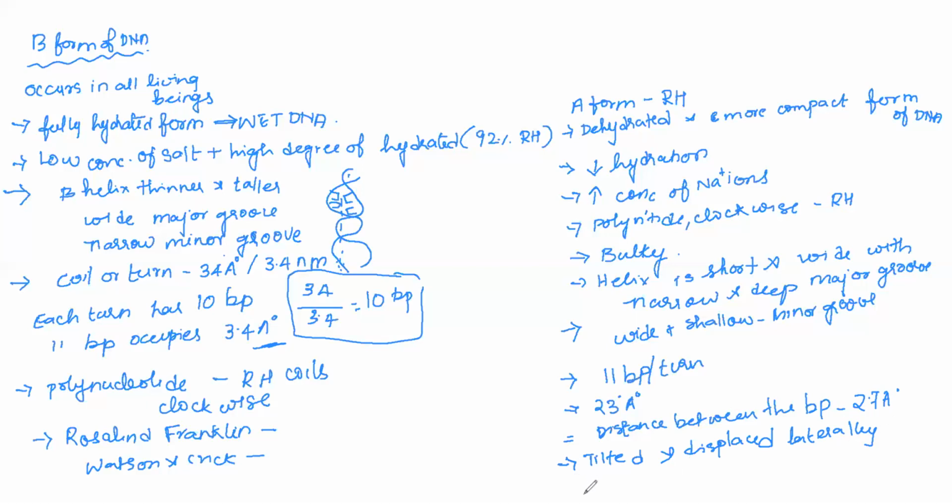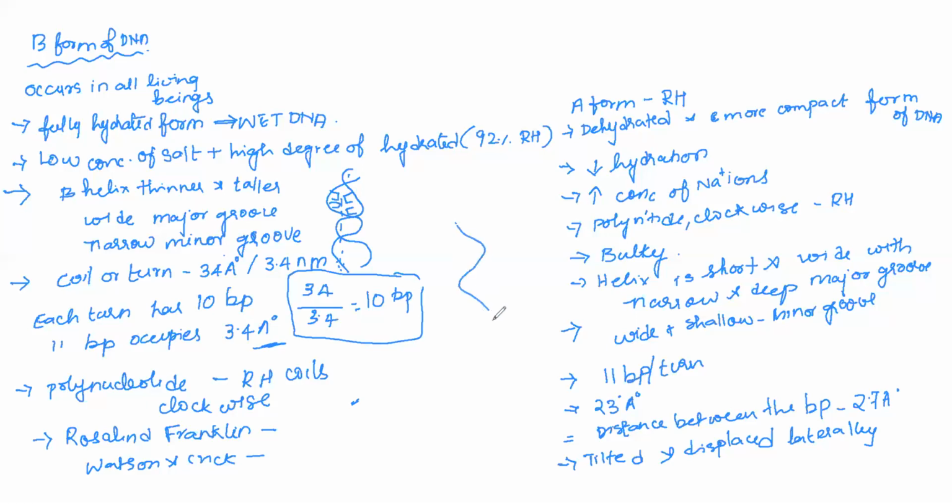And this helical form is adopted by RNA, RNA-DNA hybrids and also the RNA helix. And this A DNA is actually assumed to be derived from B DNA. Okay, so let me just give you a rough sketch of how it looks.